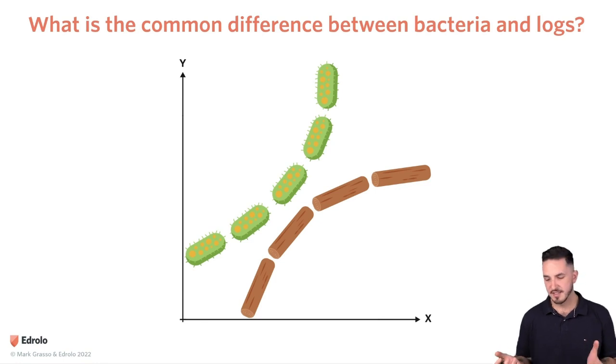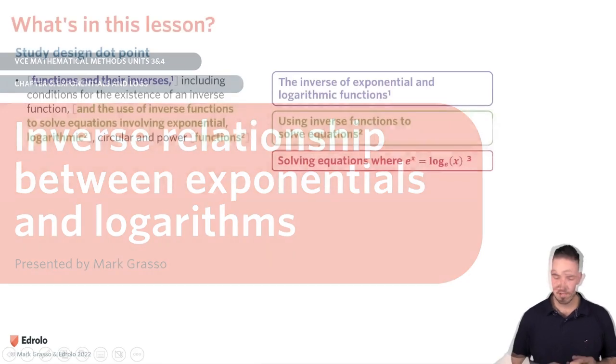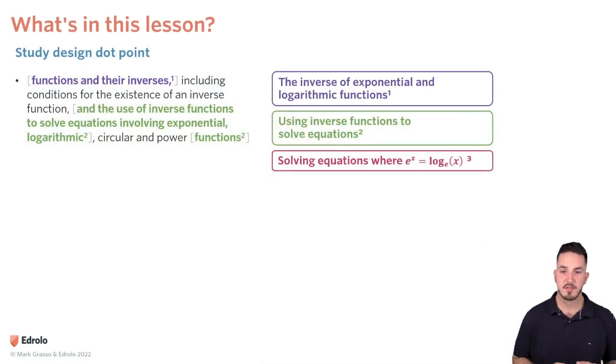However, they are resembling a logarithmic function, and they are actually the inverse of one another. So in this lesson, we're going to be looking at the inverse relationship between exponential and logarithmic functions. So we'll be finding the inverse of these two functions, using inverse functions to solve equations, and finally solving equations where we have an exponential and a logarithm on each side of the equation.